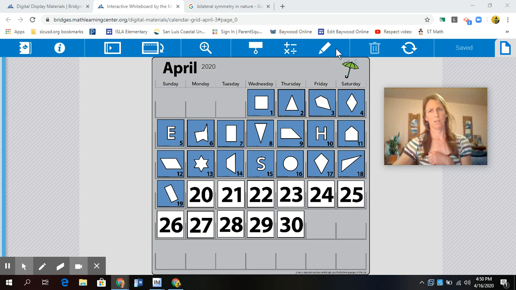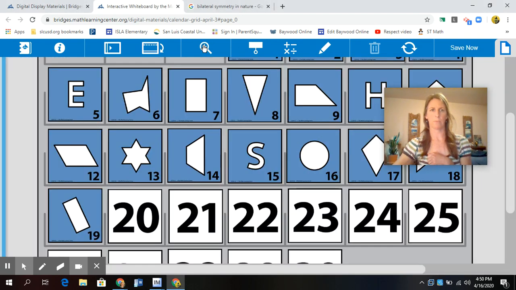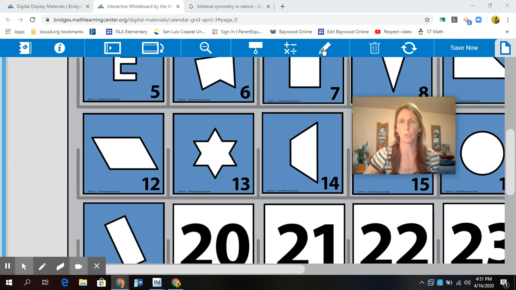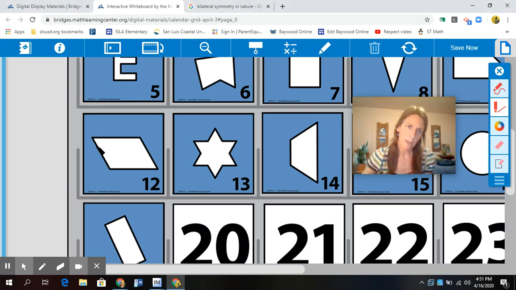Not? Let me check this out. Let me bring this up a little bigger. Go over here to this shape right here. It's got 4 sides. It's a quadrilateral. Get out my tools. I'm going to draw a line right from one vertex to the other.